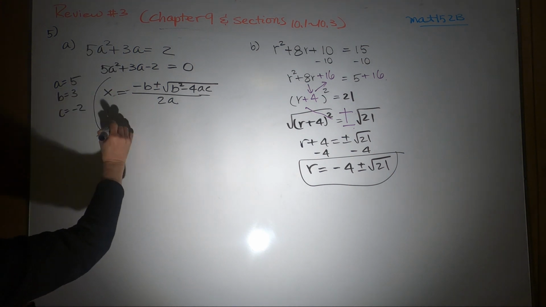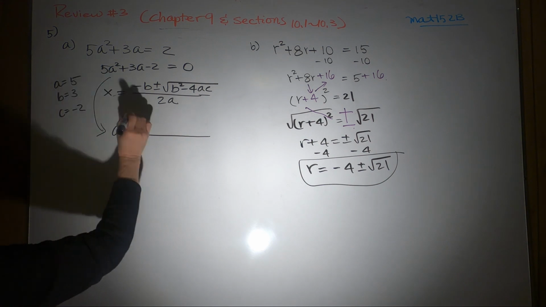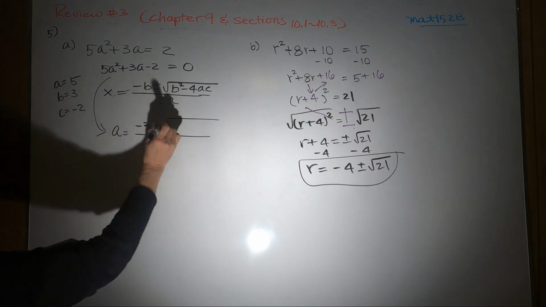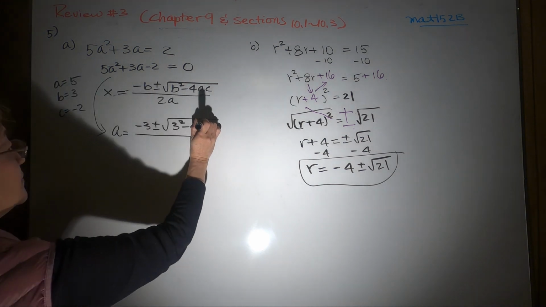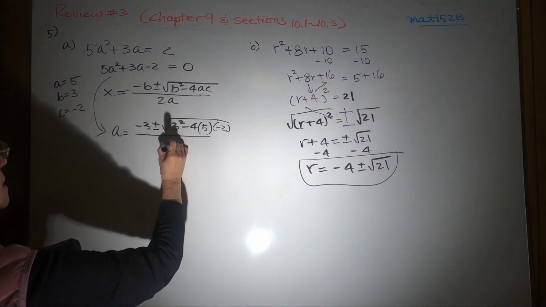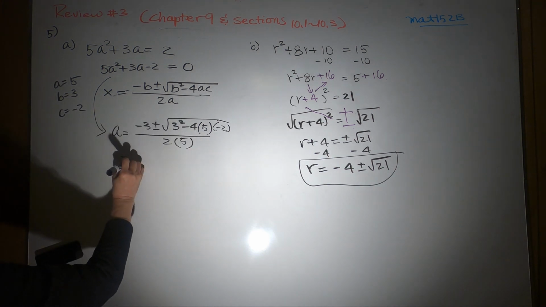So we solve it. For the variable, you plug in negative b, which is negative 3, plus or minus the square root of 3 squared minus 4 times 5 times c, which is negative 2, right? Over 2a, a is what? 5. Then you plug in.